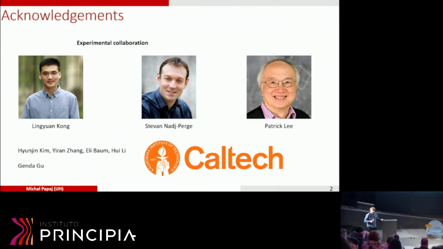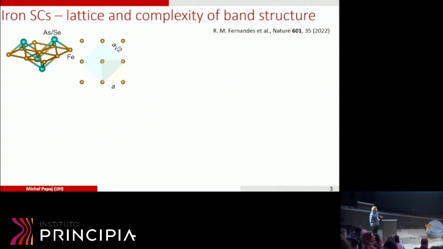OK, so let me first introduce the two main components needed to understand the talk. First of all, we already heard about iron superconductors in this workshop. What I particularly want to highlight, which will be relevant to the rest of my talk, is the crystalline structure of many of the iron superconductor materials.